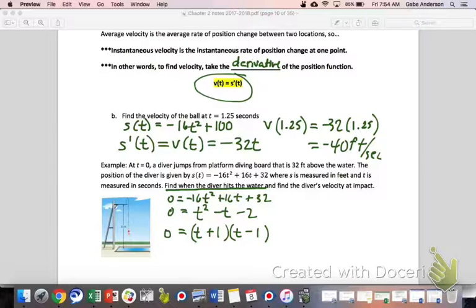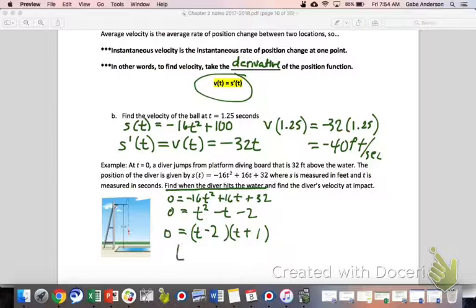I hope that didn't make you too uncomfortable. 1 times negative 1 is negative 1. It needs to multiply to be negative 2. So rethink. Take a second. Just think about it. T minus 2 and then t plus 1. You feel better about that? Should she feel better about that? Yes, she should. Lainey, nice work.